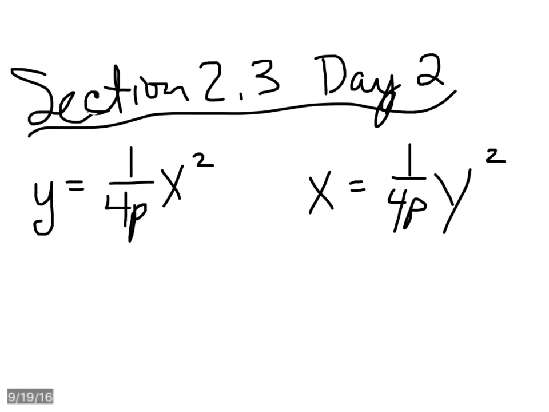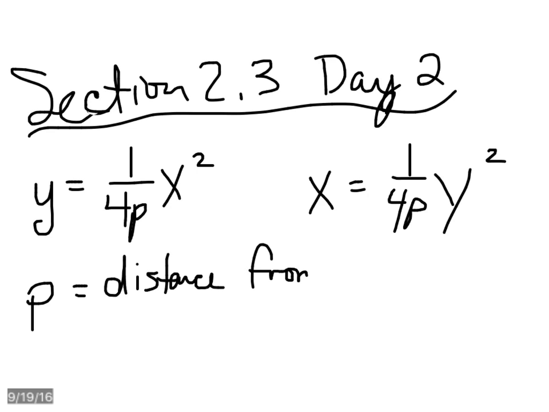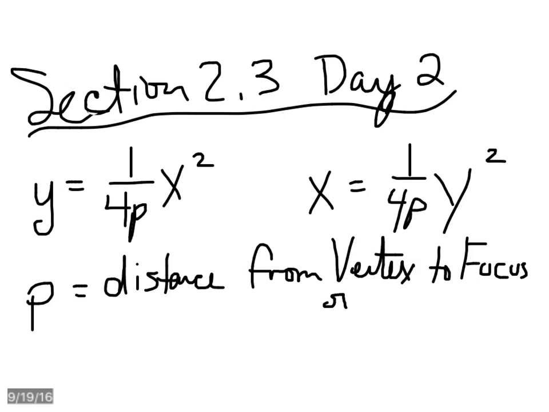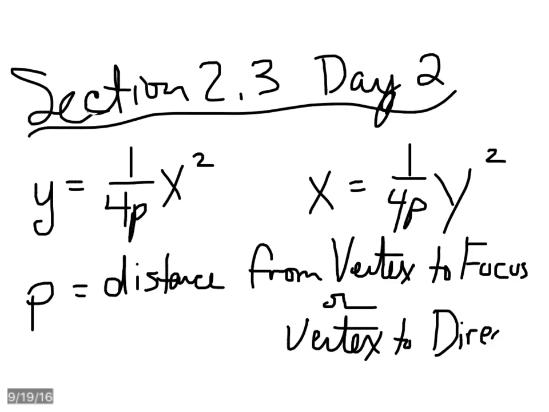So I'm going to give you some of those informational pieces, and then you have to basically find the distance. Could you write that on the board? Sure. P equals distance from vertex to focus or vertex to directrix.